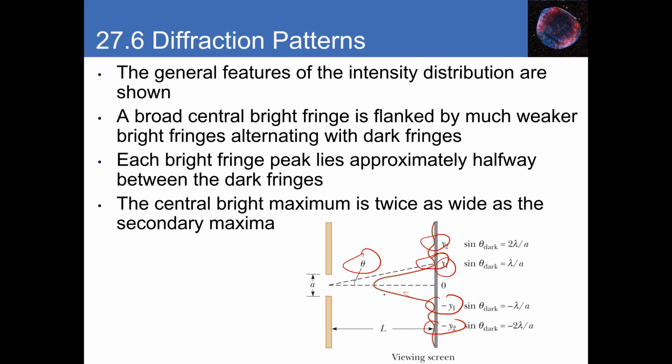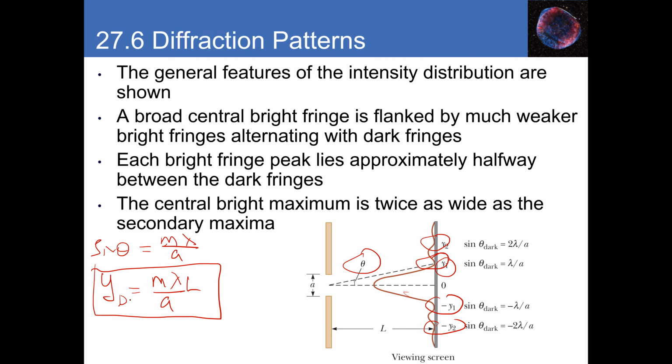Here we can also do that second equation: Y for dark equals m lambda over a. We can also use L. We can use this equation to find the vertical position. Let's say sine of theta equals m lambda over a.